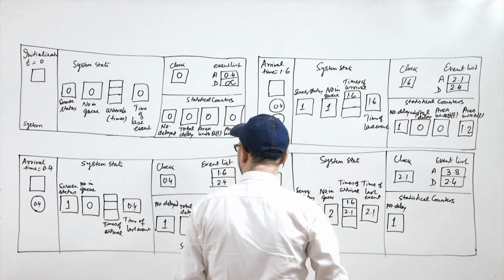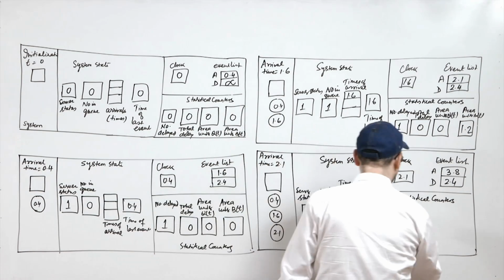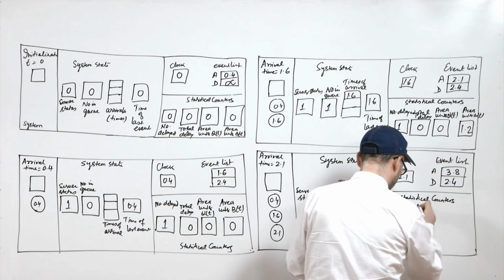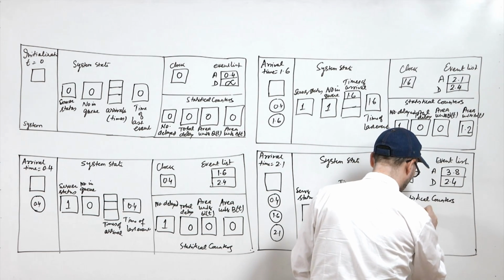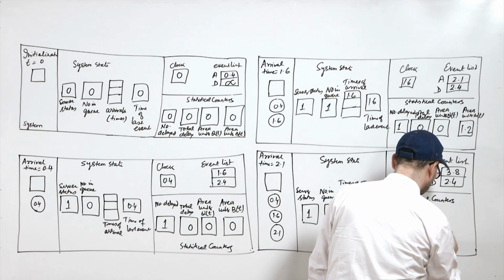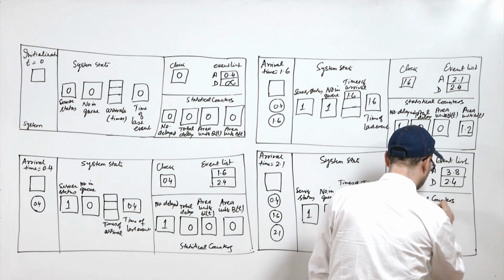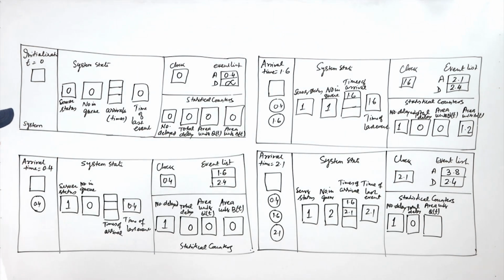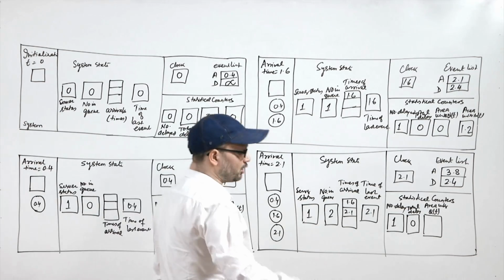Then you have the total delay, that is 0. Then comes area under QT. Now, area under QT will be changing.